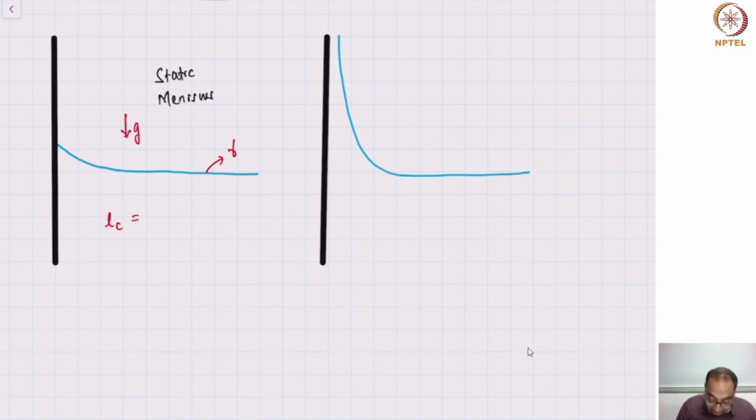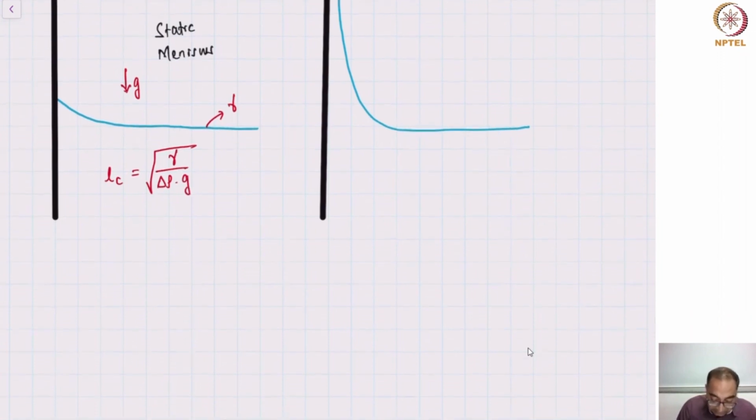This is called the capillary length, and it is surface tension divided by the density difference, delta rho, times gravity. For air-water, we know that the capillary length is approximately 2.7 millimeters. We'll come back to this number later.